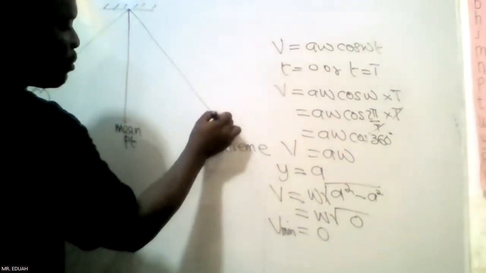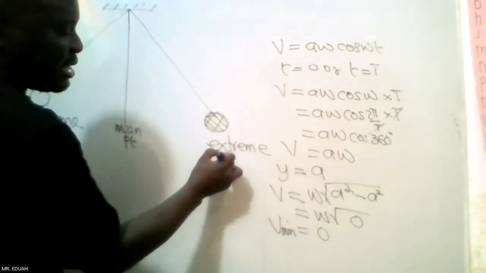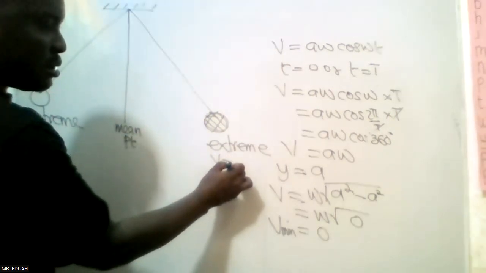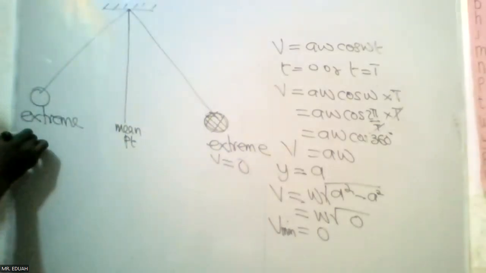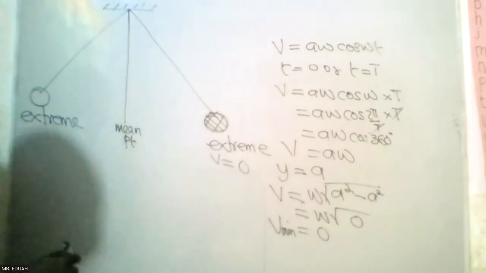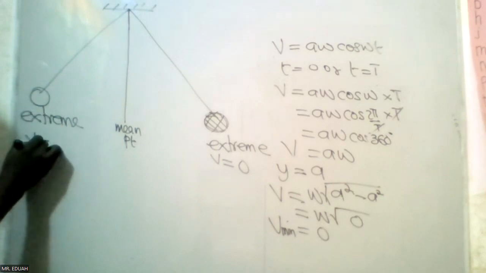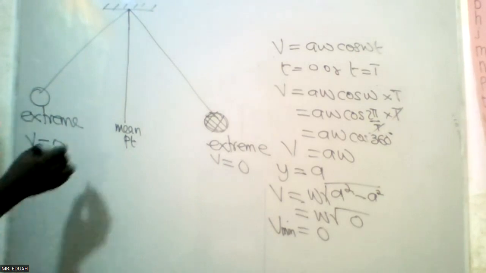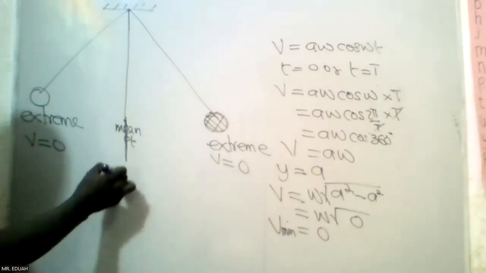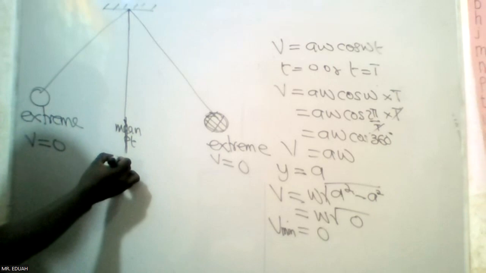What is the velocity of the body at one of the extremes? V is equal to 0. The velocity at the other extreme is 0. What is the velocity of the body over here at the mean point? It's maximum.